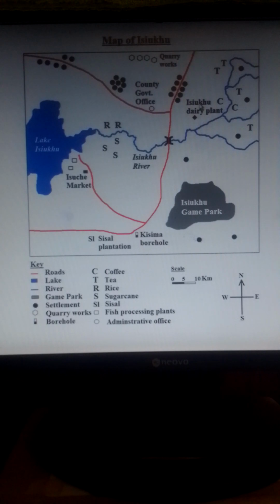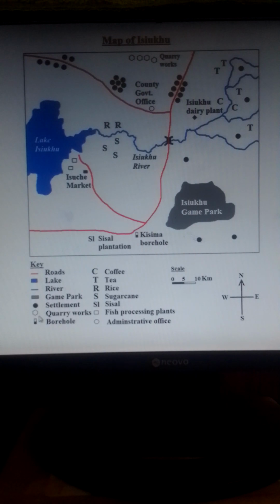Mining. Mining as an economic activity is indicated on a map by quarries, mineral processing plants, and so on. In this map, if you look at the key, we have a symbol that indicates quarries on that map.